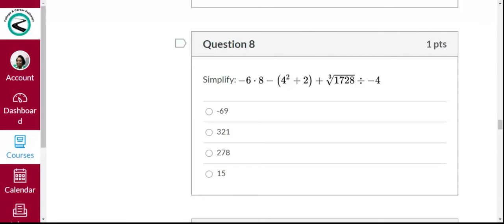Now, what I could do, now that I've gotten it simplified to -48 minus 18 plus 3, I can go ahead and combine the two negatives. So -48 plus a -18, that's going to give me 16, carry the 1, 6, okay?